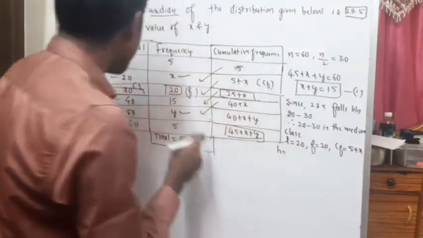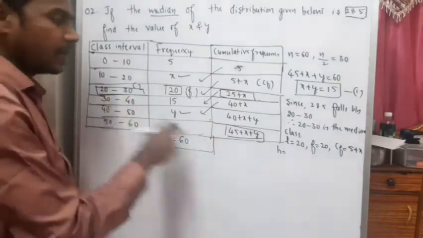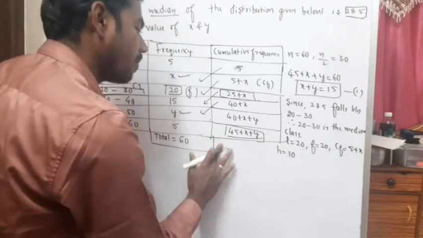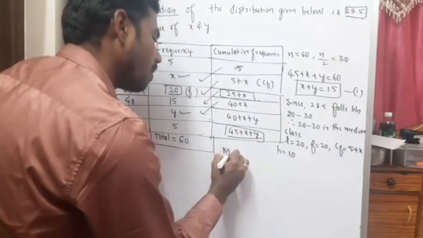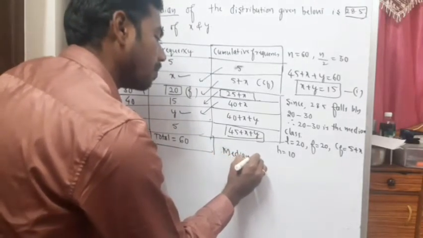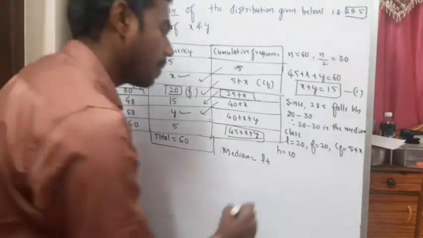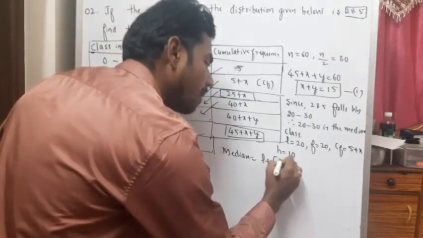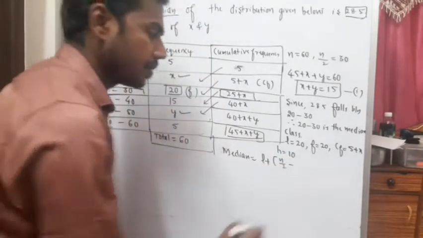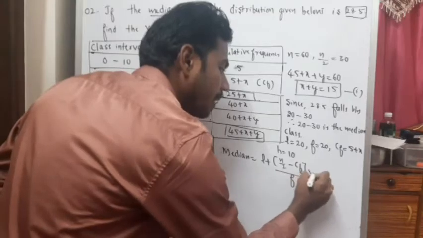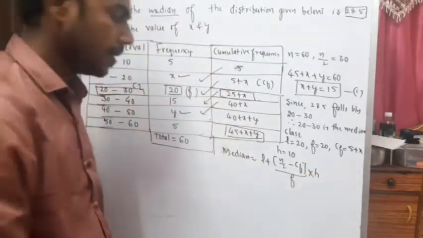The size of the class interval, that is 10 minus 0, which is nothing but 10. So therefore what we can write? Median is equal to L plus (n by 2 minus CF) divided by F into H. This is the formula.